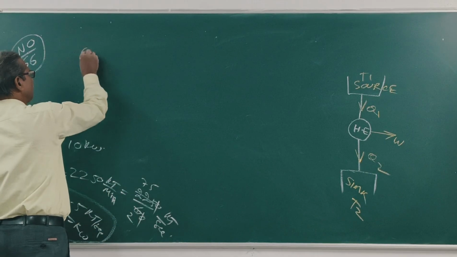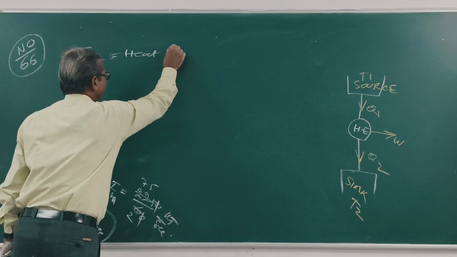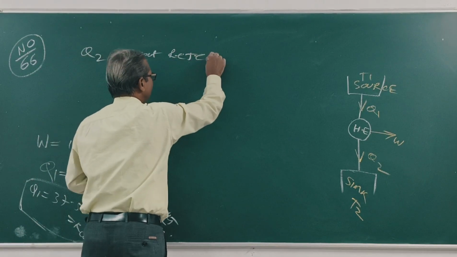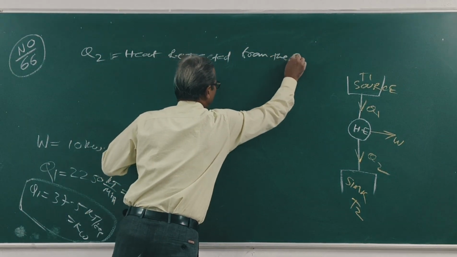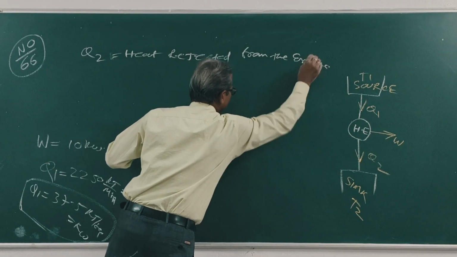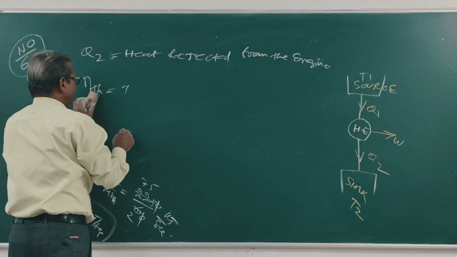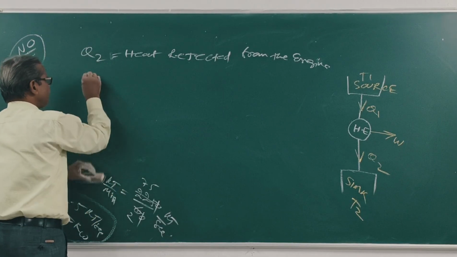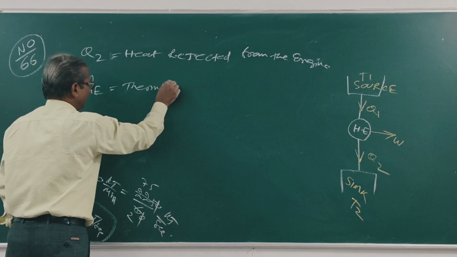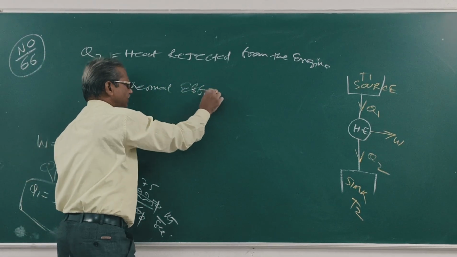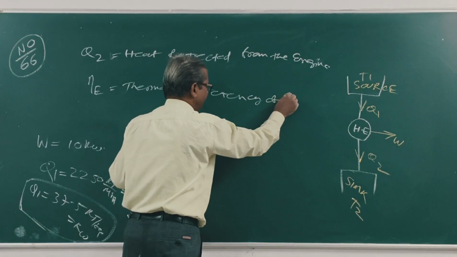Let Q2 be the heat rejected from the engine. Eta thermal, eta engine, is the thermal efficiency of heat engine.